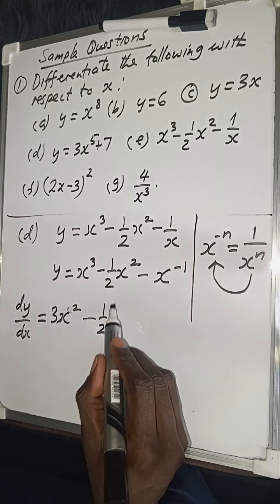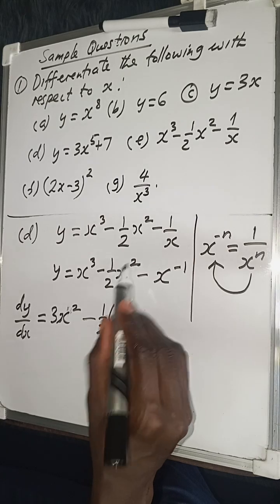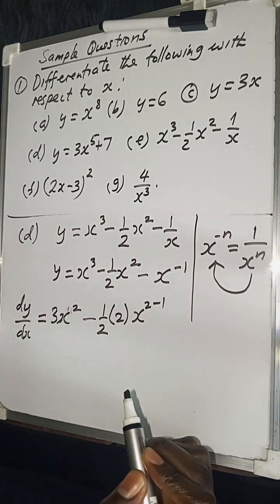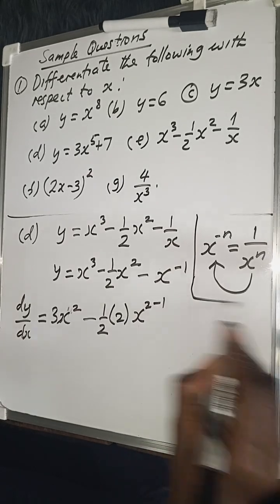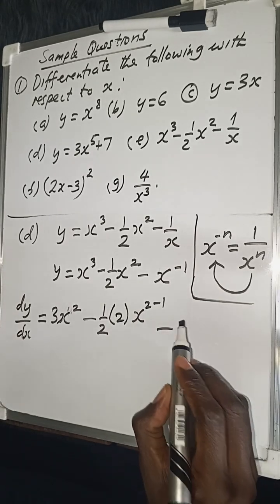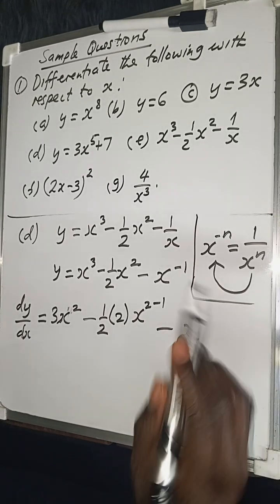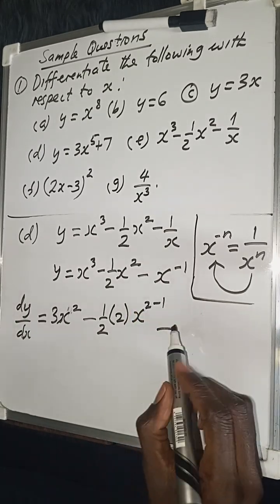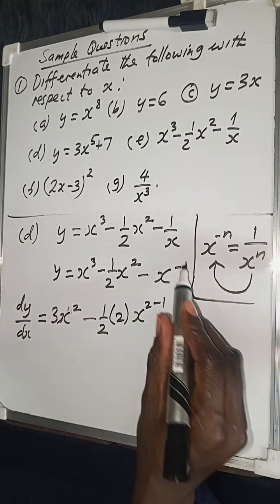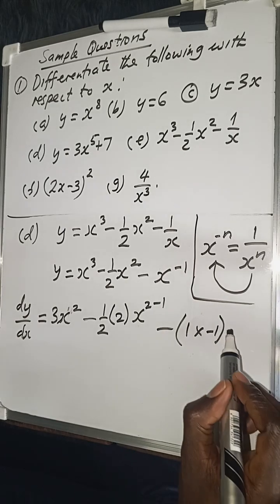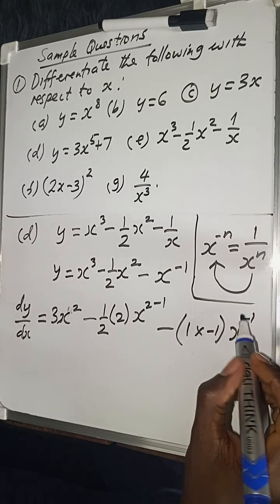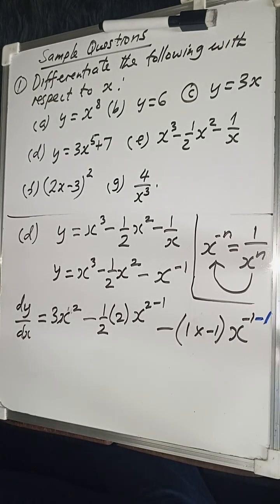Remember, 1 over 2, you are multiplying half times 2, then x to the power 2 minus 1. That's the way it is there. What about there? It is going to be x. Remember, there's a 1 in front there. So it is going to be more like 1 multiplied by this negative 1. But that x will be, since it's a minus 1 already, so you subtract 1 there.